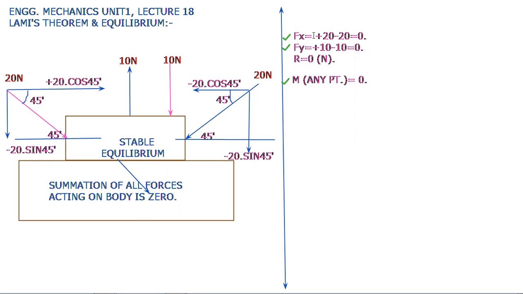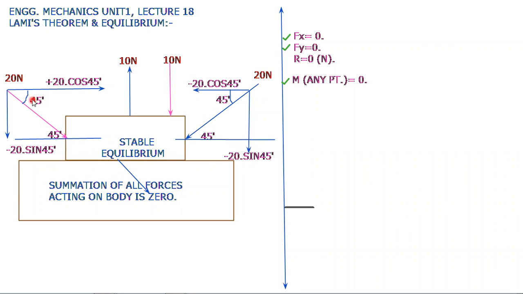If these summations are 0, then Fx will be 0, Fy will be 0, and the resultant will also be 0. Minus 20 sine 45 and minus 20 sine 45 will get added in summation of Fy.